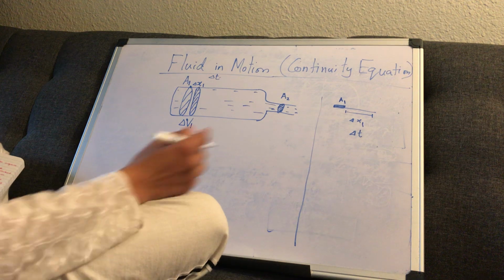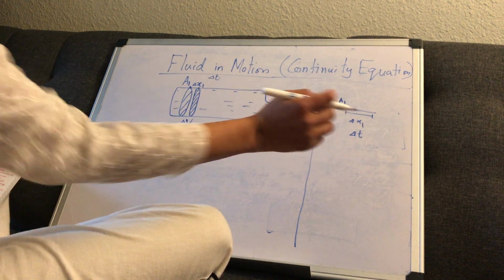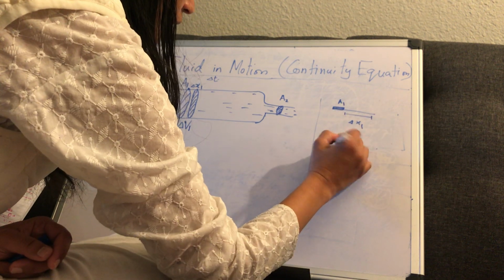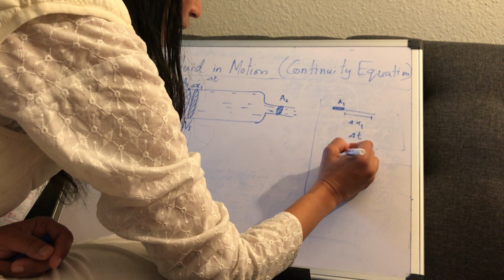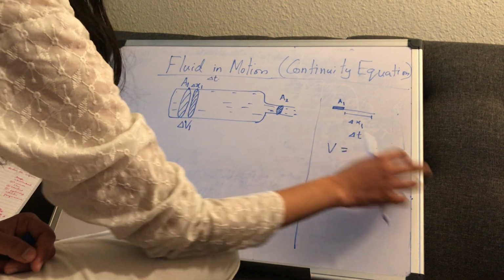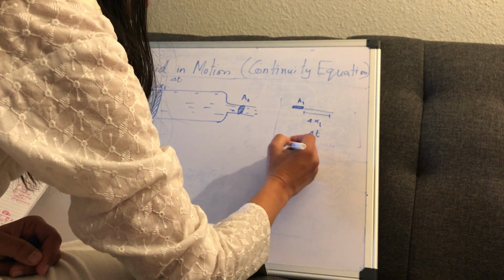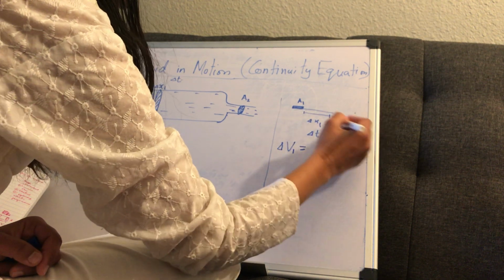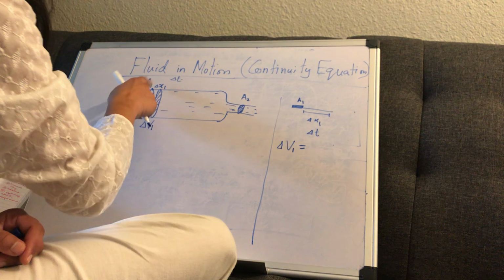That's what I'm just exaggerating here. Now if that's the case, can we write the volume of the volume element that travels in this delta time as volume delta V1 equal to what?